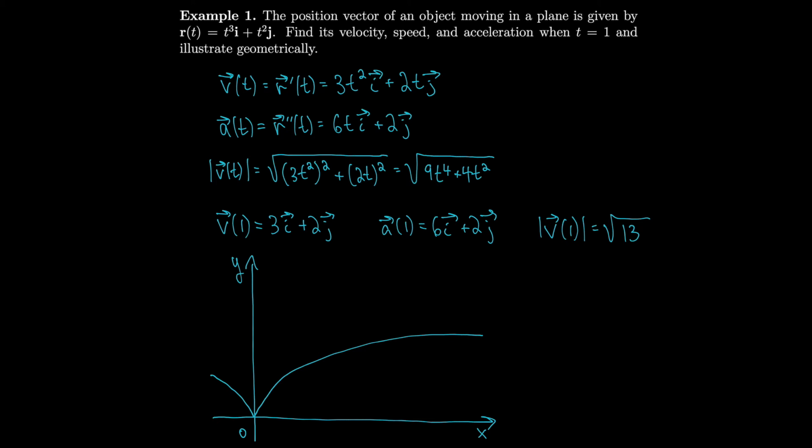Let's say here's the velocity at 1. So I should probably indicate that this is the point at 1, so that's 1, 1. And let me also draw acceleration. So how about this vector over here for acceleration?